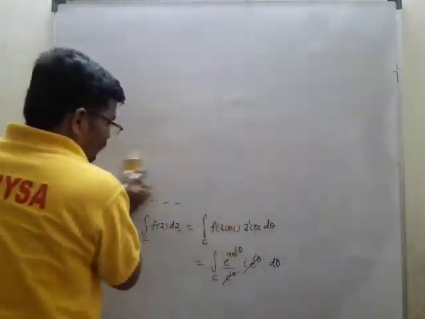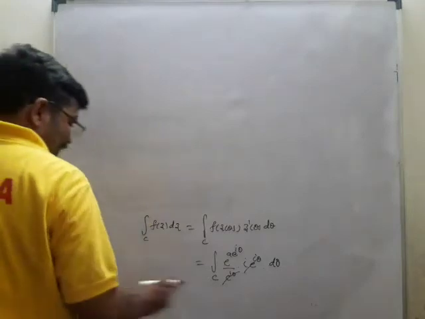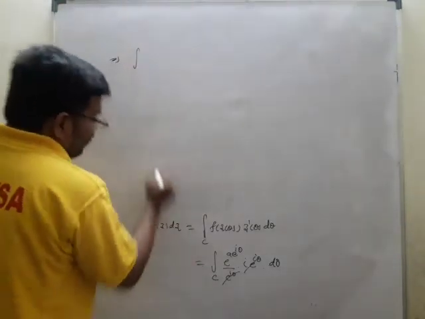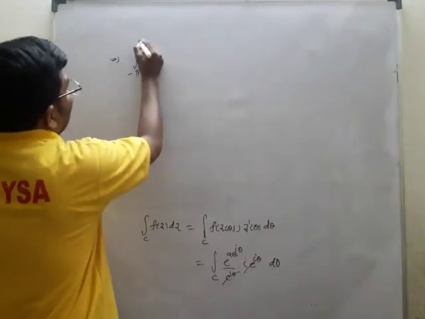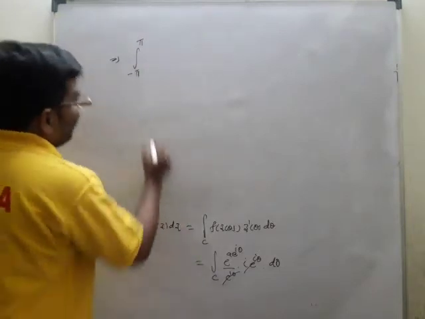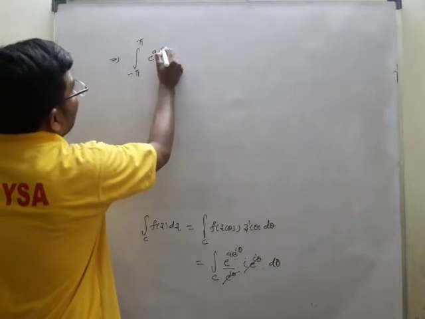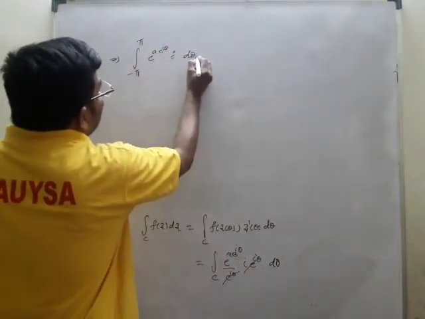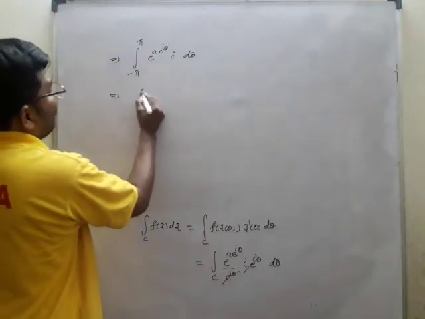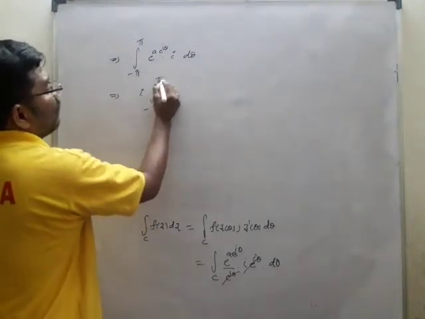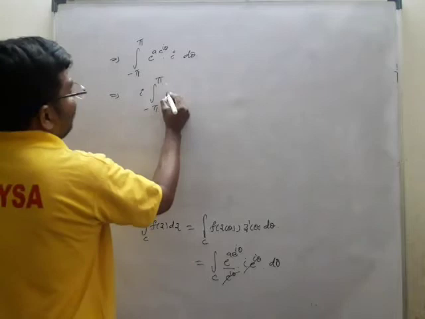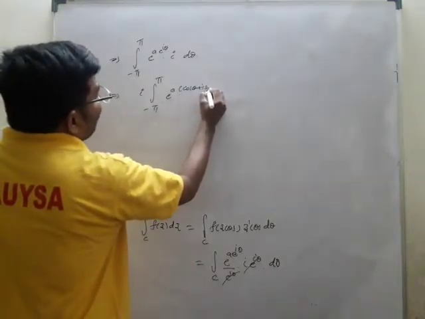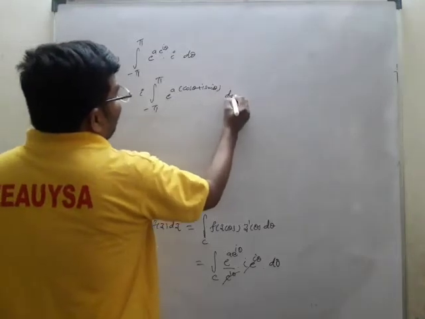The remaining thing you get is the integral from minus pi to pi of e^(a e^(i theta)) times i d theta. So I take i out: the integral from minus pi to pi of e^(a(cos theta plus i sin theta)) d theta.